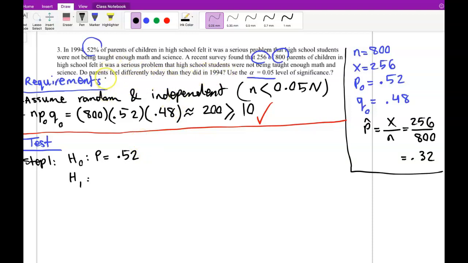It's asking, do parents feel differently today? So it's not saying any decrease, increase, greater than, less than. It's just saying, do they feel differently today? What that means here is we're going to have not equal to, because they may feel differently. So it's not equal to 52%. So this is the alternative.